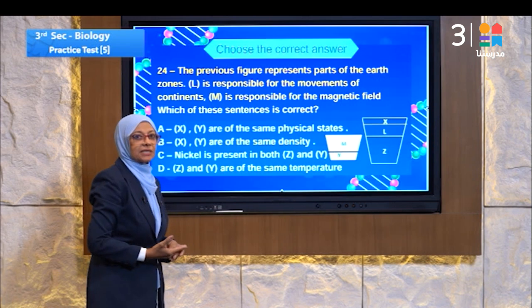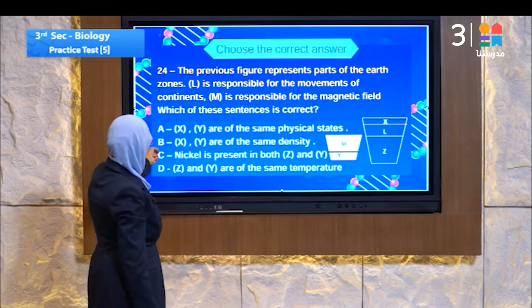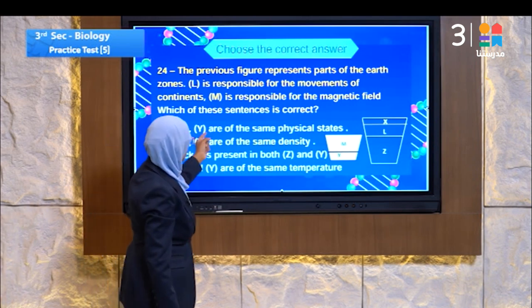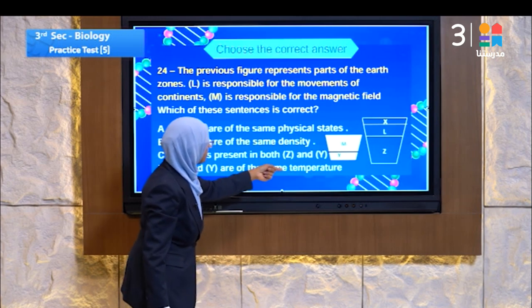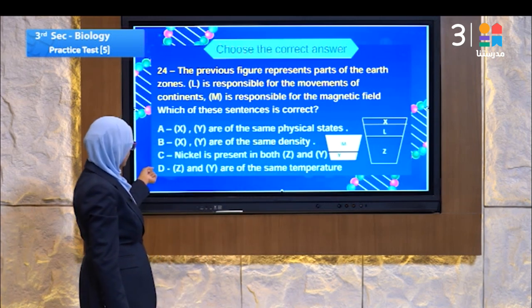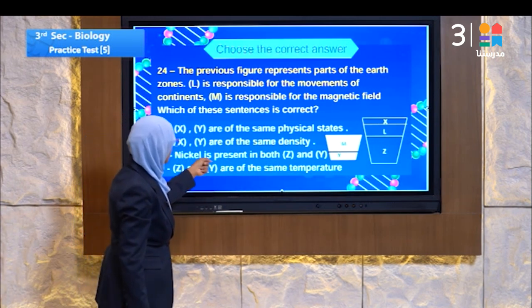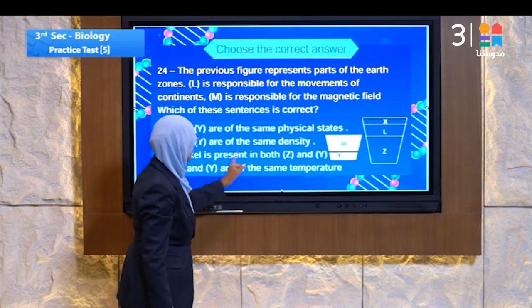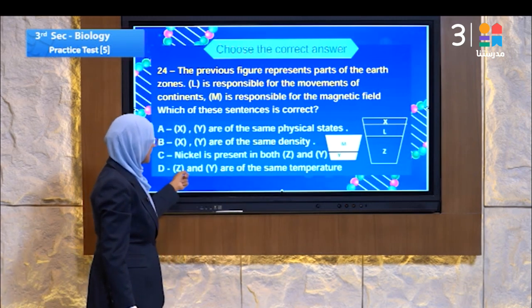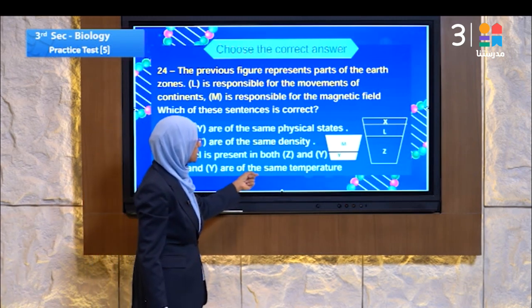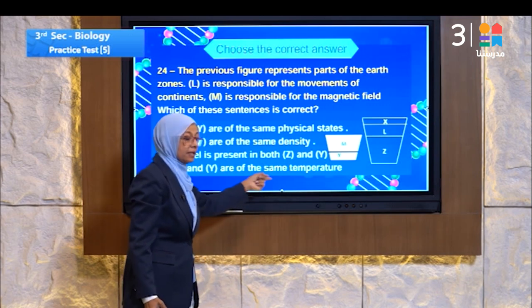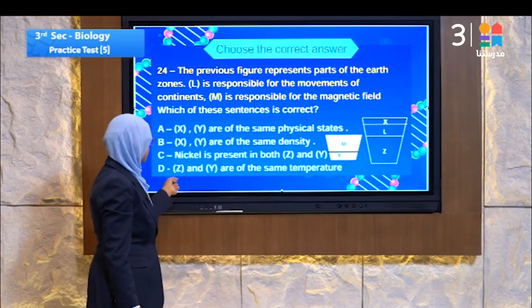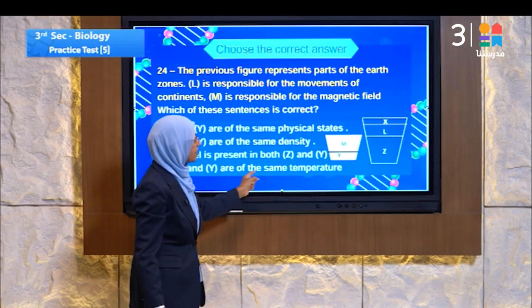Let's read the choices and decide. Number A, X and Y are of the same physical state. B, X and Y are of the same density. C, nickel is present in both Z and Y. Number D, Z and Y are at the same temperature.